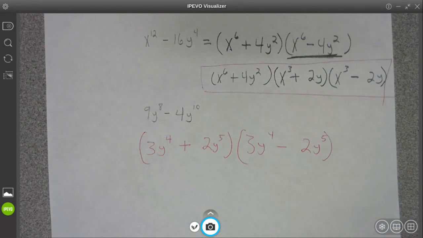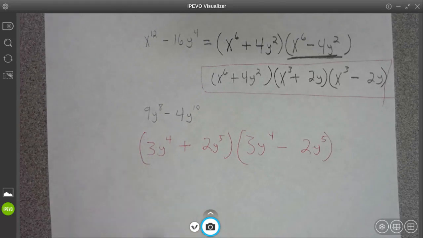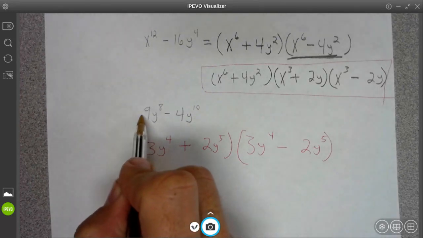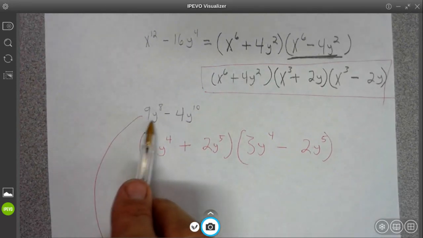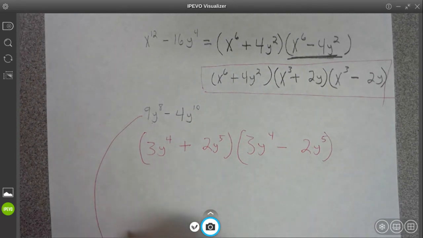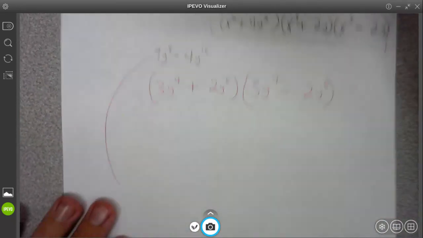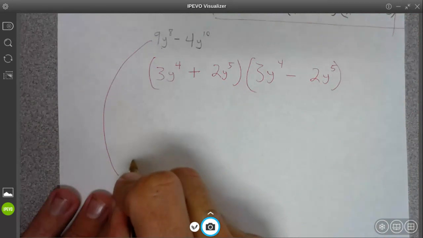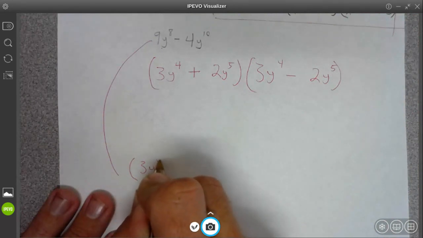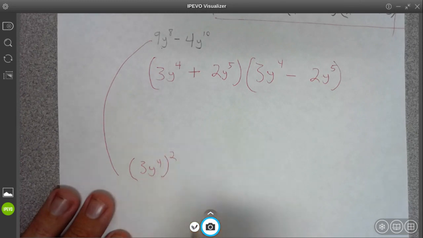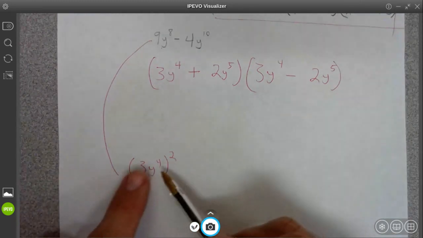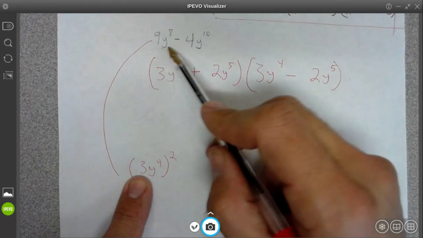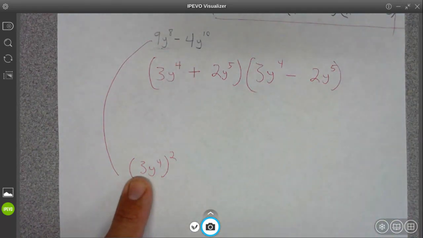So again, another way that they'll commonly rewrite this stuff, it'll be weird, but instead of 9y to the 8th, they'll rewrite it so that it's 3y to the 4th to the 2nd, because this and this are equivalent. They are the same thing.